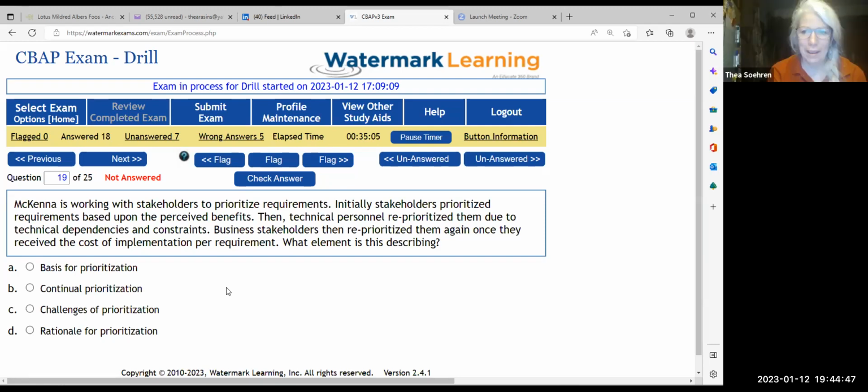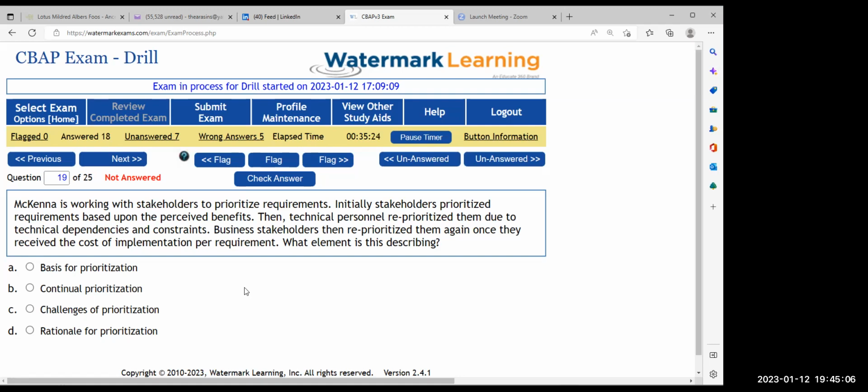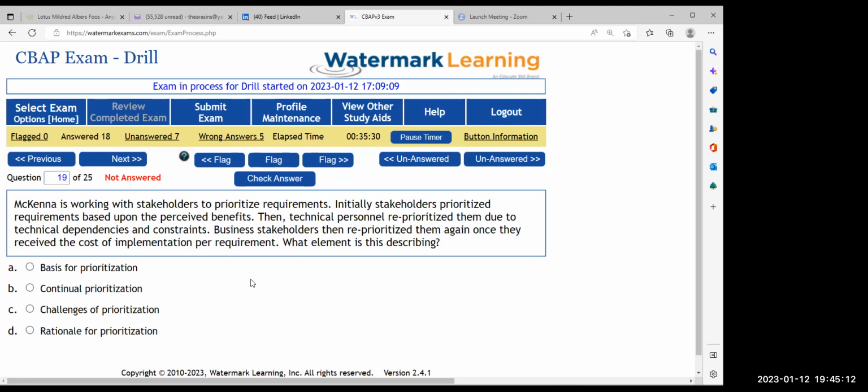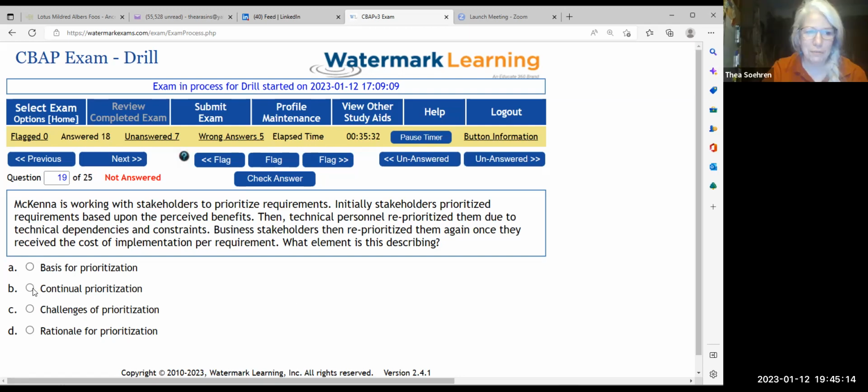I was thinking it's the challenges of prioritization, because it's prioritized and it's reprioritized and then it's reprioritized. But wouldn't that be continual prioritization?